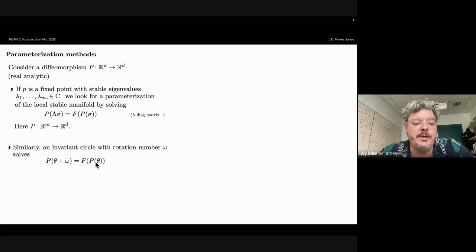In this case, we would want a periodic map P and maybe an irrational rotation number omega. We would want that applying the dynamics to the image of this periodic curve was the same as applying the rotation in the curve. So this would be an equation for a parameterization of an invariant circle with rotation number omega.